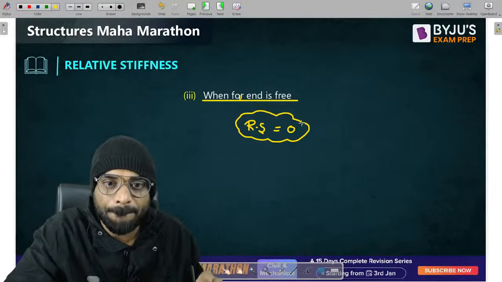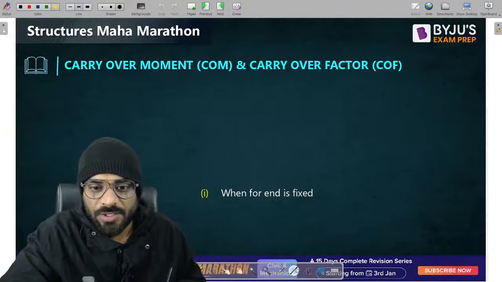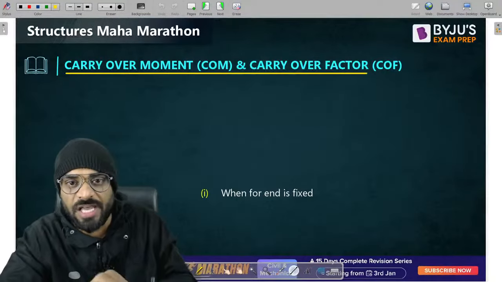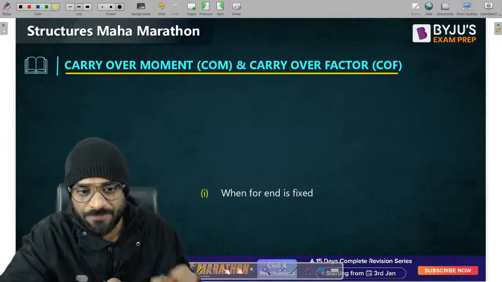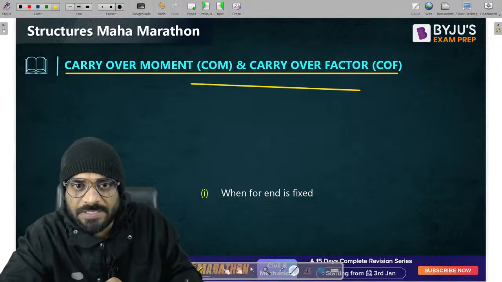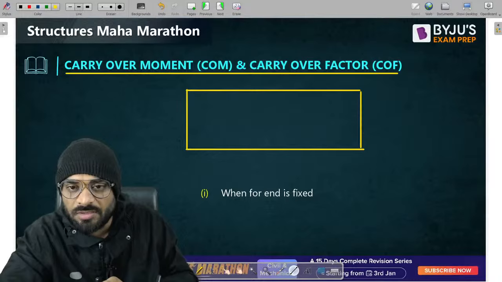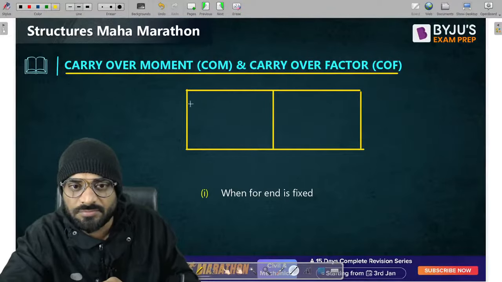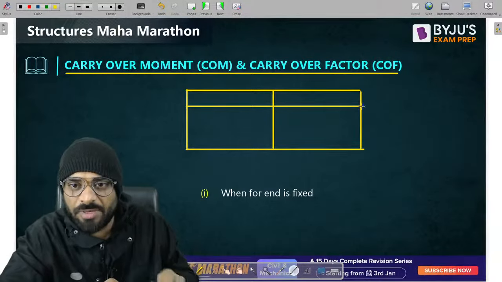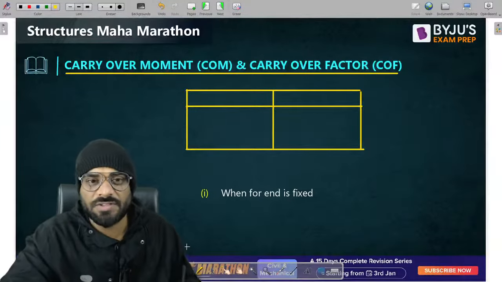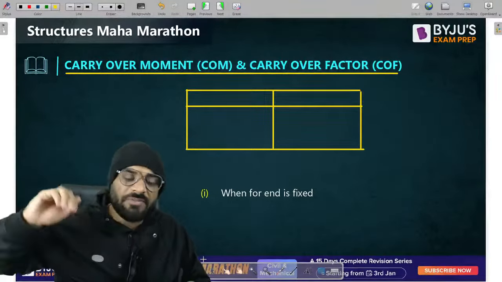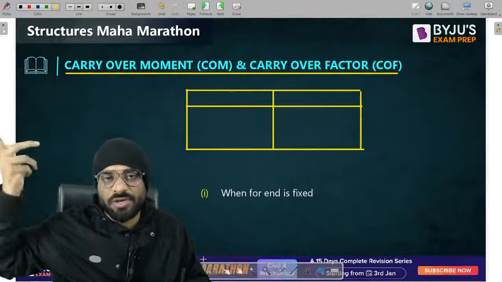Clear? Okay. Now the next thing which is very important, carryover moment and carryover factor. Now guys, please remember this sign convention. What is carryover moment? We have already discussed, right? The moment which is developed at the far end is called the carryover moment.